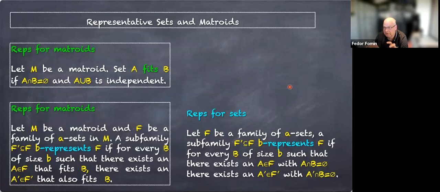The only difference is that instead of saying the sets are disjoint, I say that they fit. And fit in the language of matroids means that they are disjoint plus the union is linearly independent.